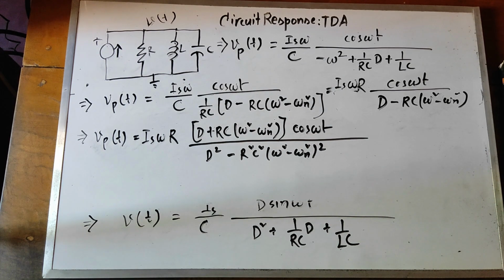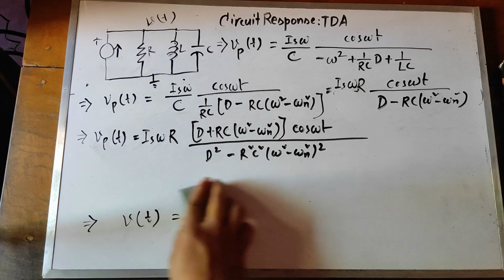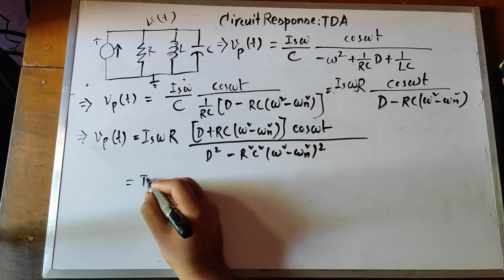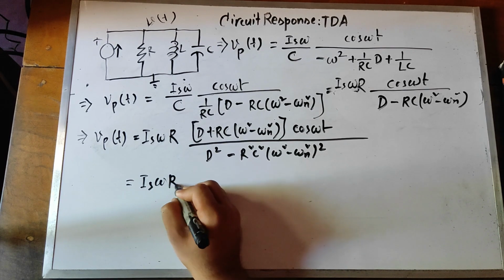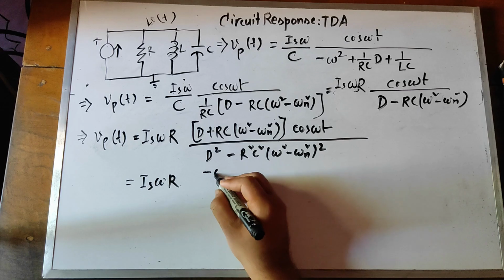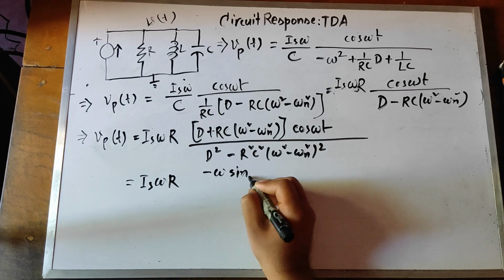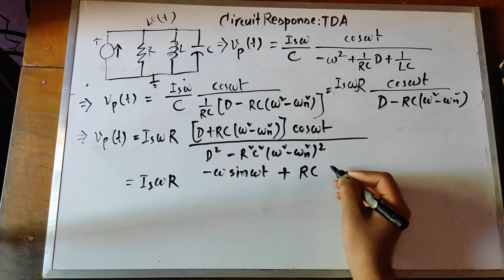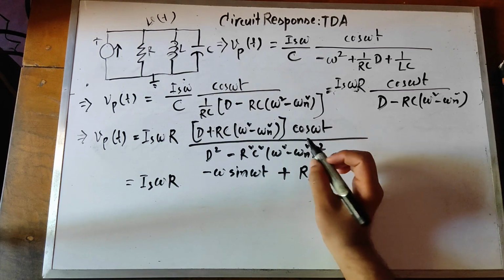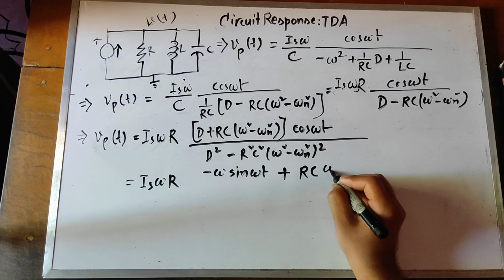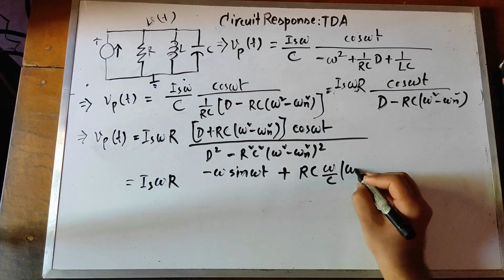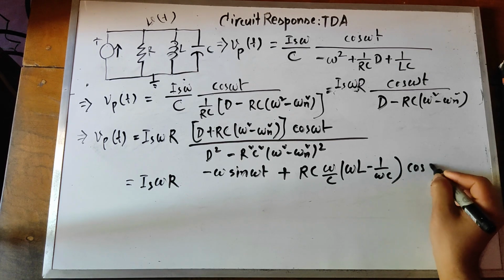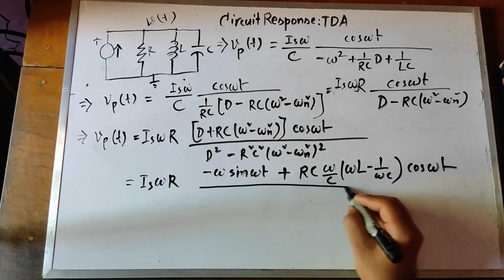So now this will give me I_s omega R and minus omega sine omega t plus RC. So if I take omega by C out, so omega by C, omega L minus 1 by omega C, cos omega t.